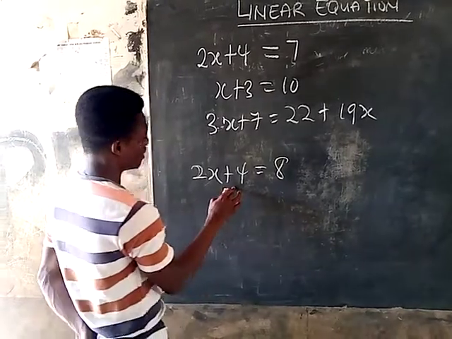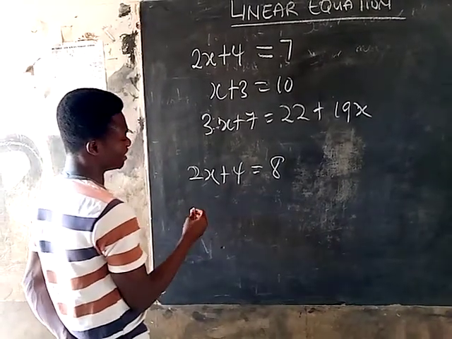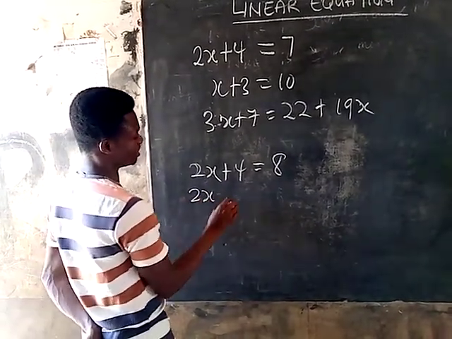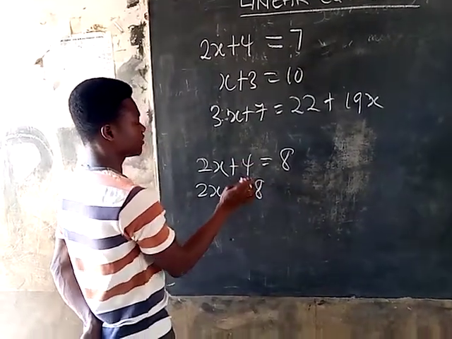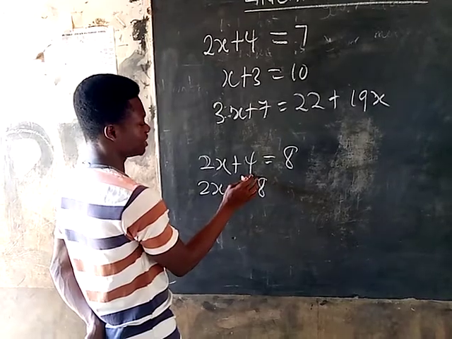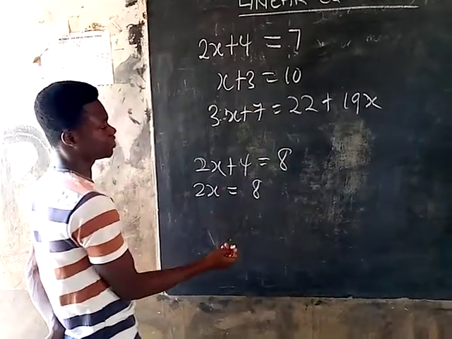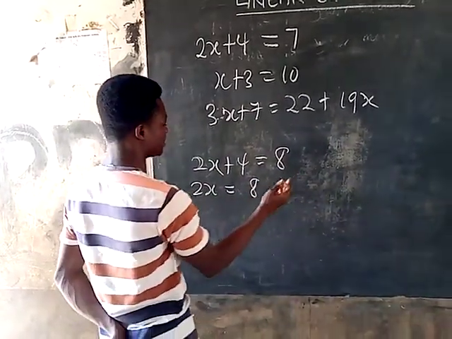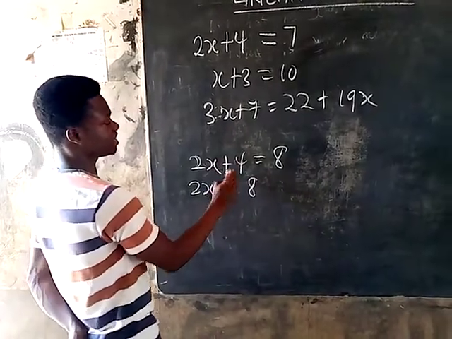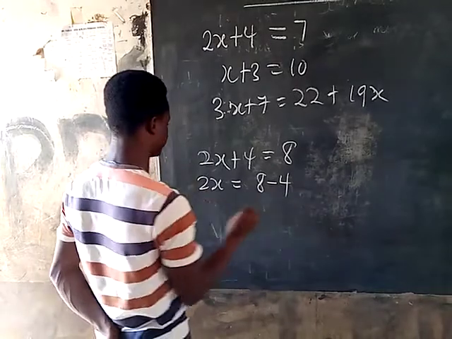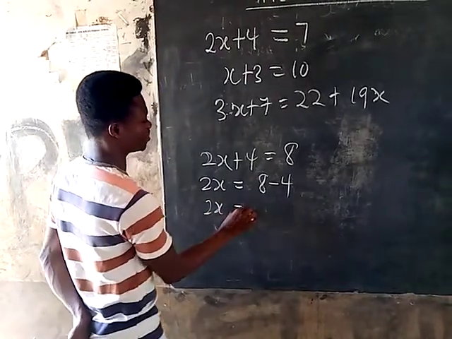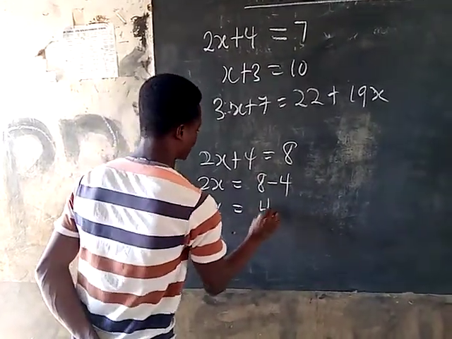We need to group like terms. So we maintain our 2x here, and then we write our 8 here. 4 is a whole number without any letter attached to it, so we move it to where the 8 is, and because it's a positive number, when it crosses the equal sign it becomes negative, so we get minus 4 here. 2x is now equal to 8 minus 4, which gives us 4.